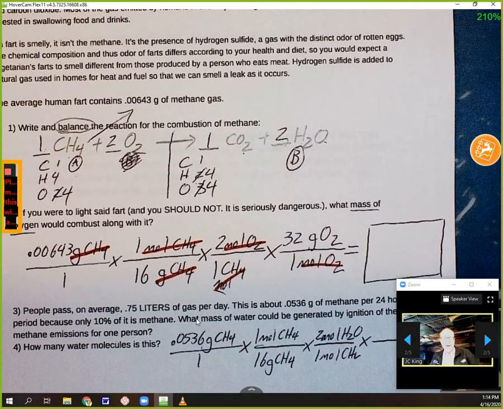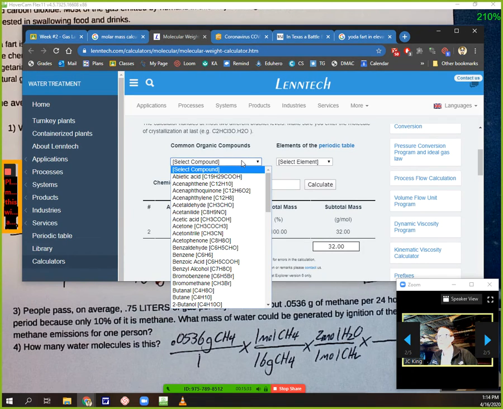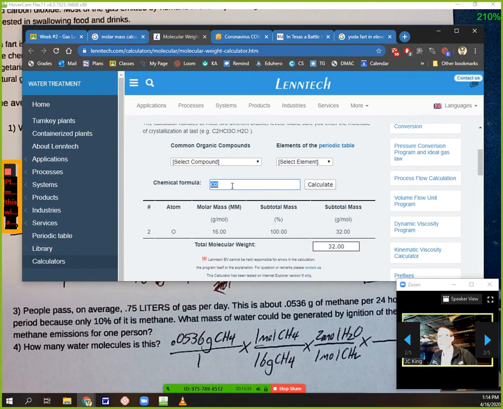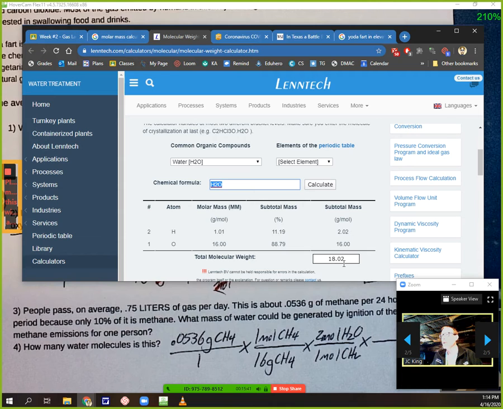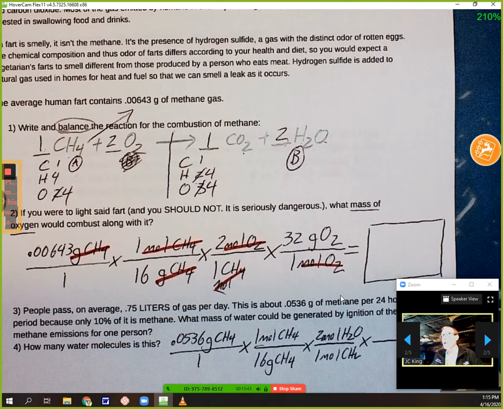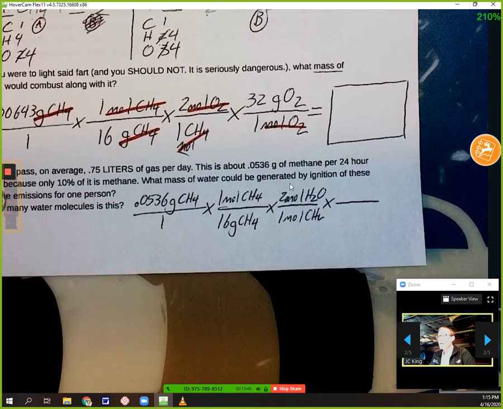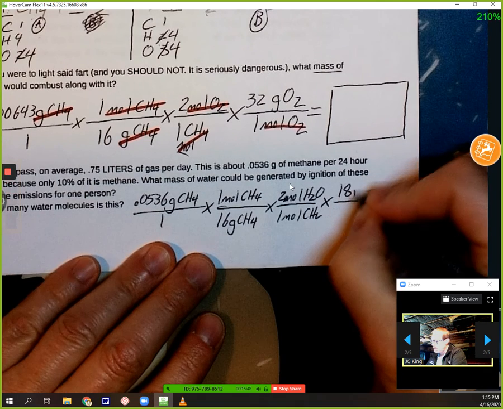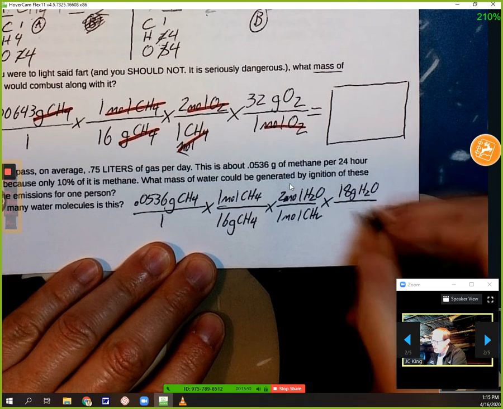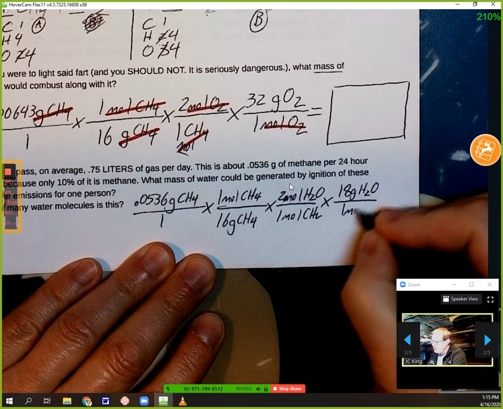So again, I'm going to cheat, and I'm going to look it up on here. I could just pick it off a list. Wow, that's a long list. I'm just going to type in H2O. About 18 grams. So let's see. 18 grams H2O over 1 mole H2O.